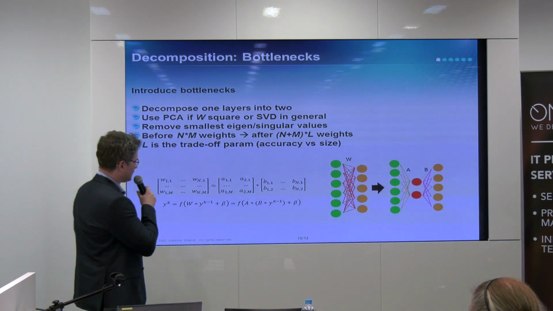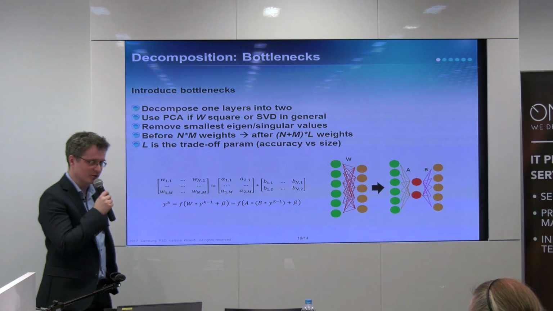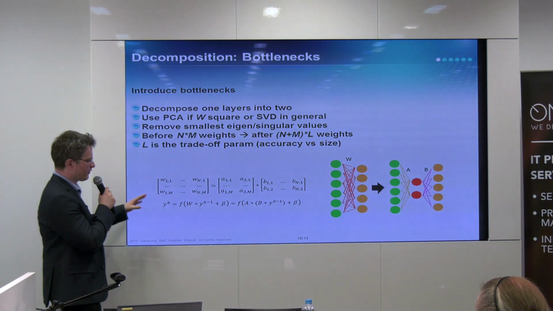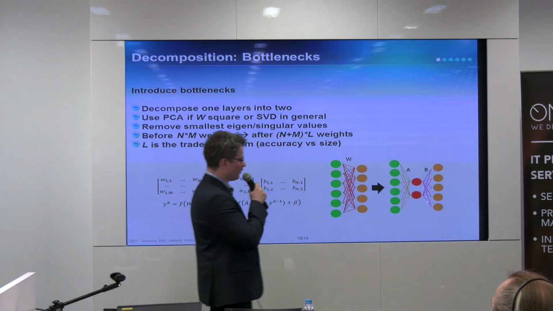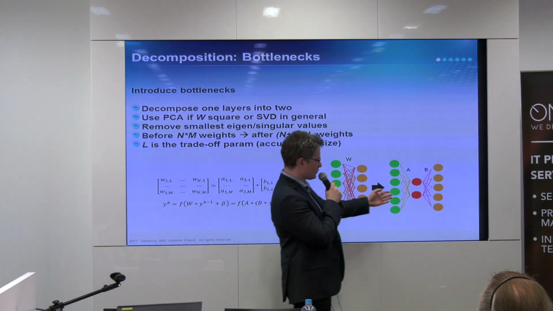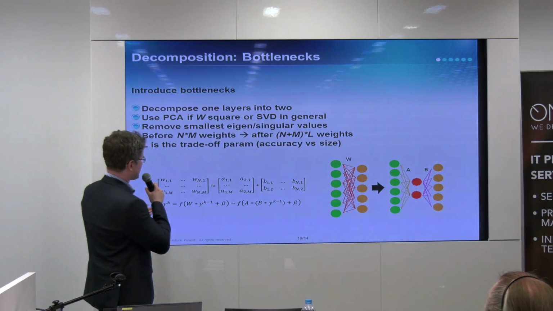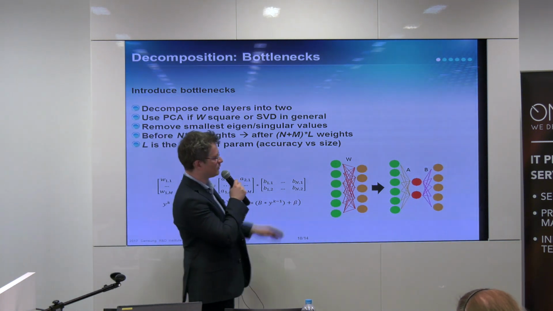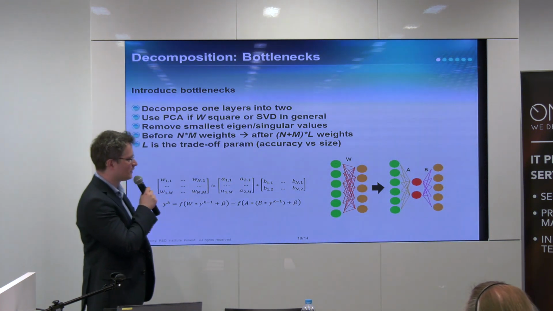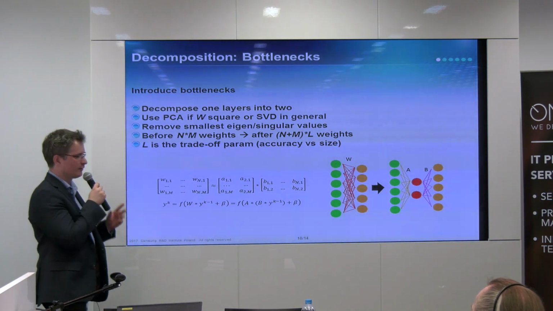So, for example, we have two rectangular matrices, and when you multiply them, we have an approximation of this. So, in fact, we just introduce some bottleneck, some layer inside, which has, let's say, L neurons, and we can manipulate this L value.